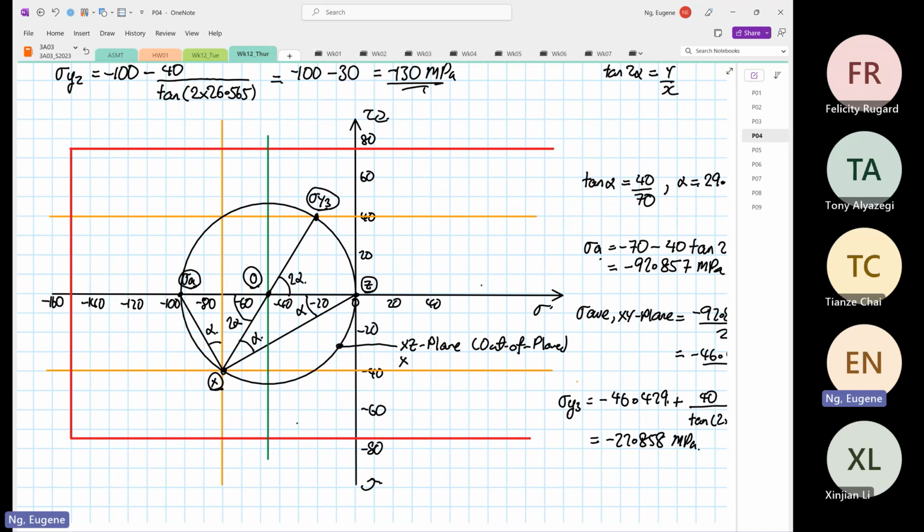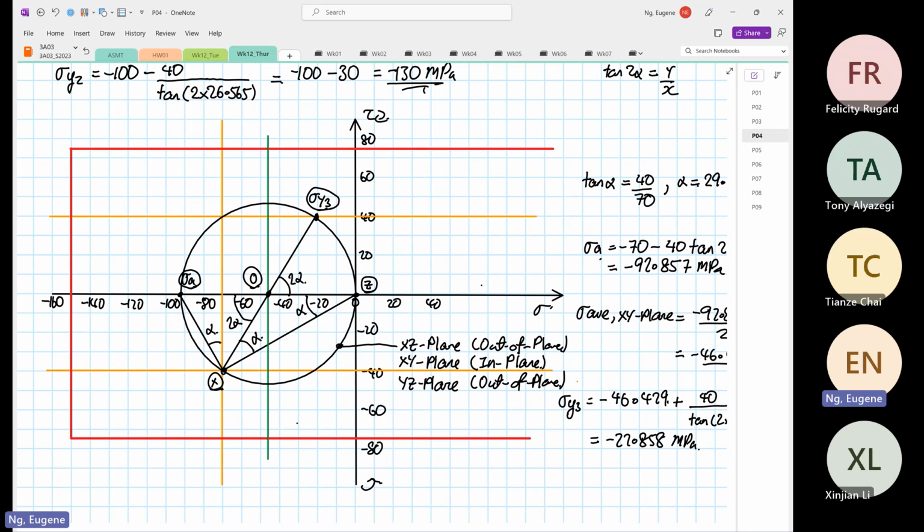It will represent the XY plane, which is the in plane. And it also represents the YZ plane, which is the out of plane. Okay, so it's possible to represent a 3D element with one circle for 3D Mohr circle.